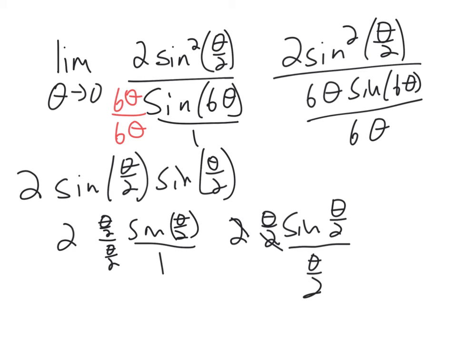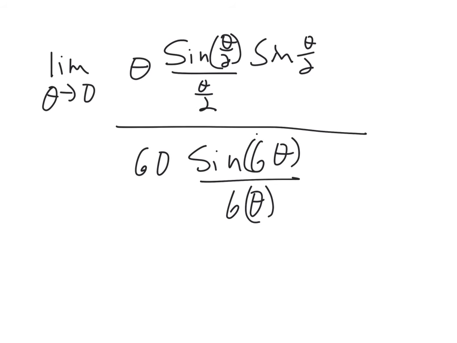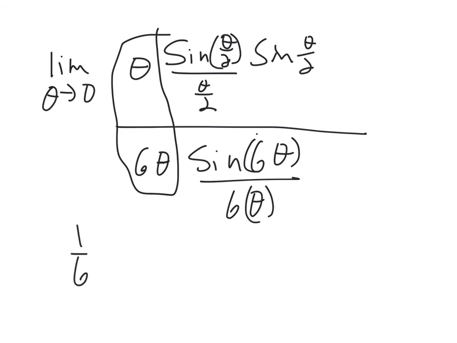So where am I at now? Okay, so I've got this. This needs to be theta, not 0. So if we just look at this expression, don't the thetas cancel out? So I'm left with 1/6, and that's just a constant multiple, so I'm going to pull it right out of that limit expression, because whatever this limit equals, I'm going to multiply it by 1/6.